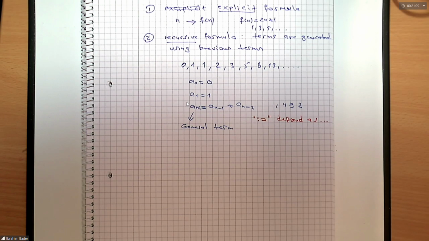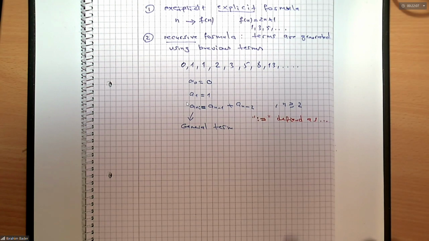Now the second one is recursive. Recursive means you define the current term using previous terms with some related formula. As you see, in a recursive formula you will find A sub something, while in the explicit one you just find n. So terms are generated using previous terms. For example, it could be 5 times the previous term times 12.